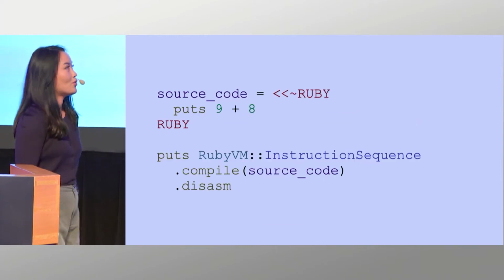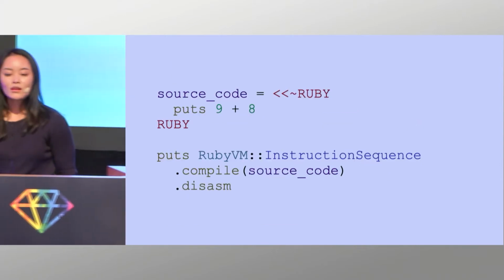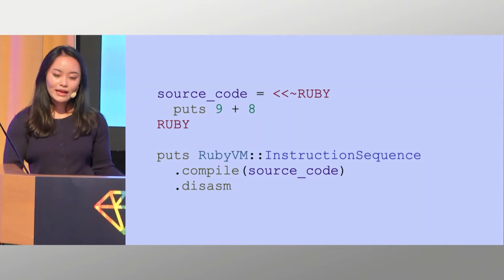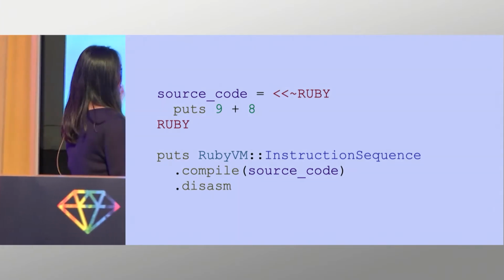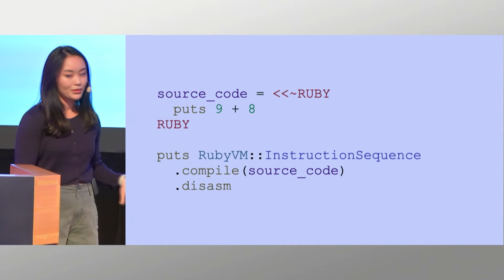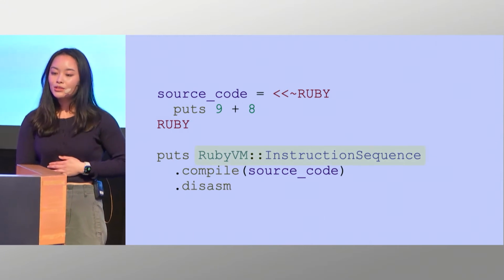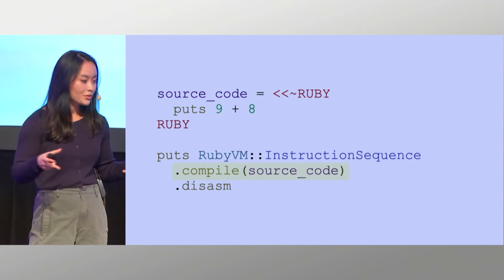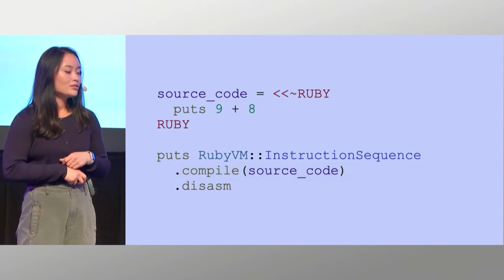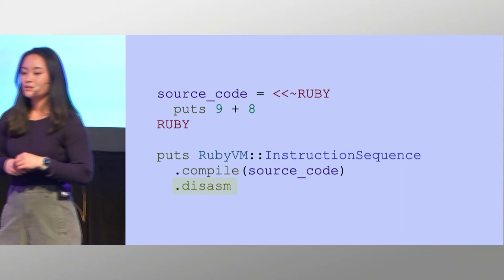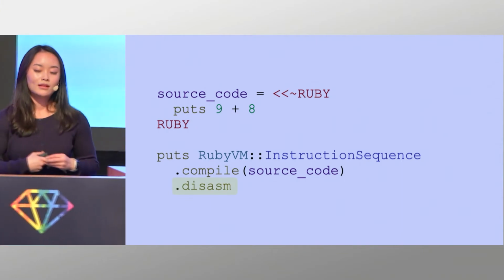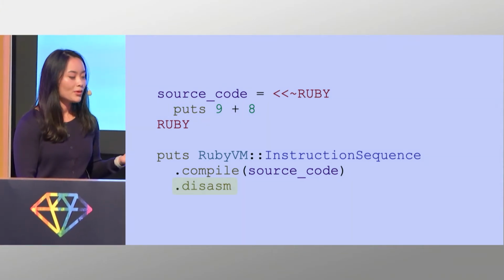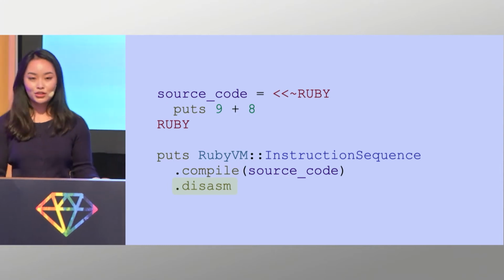But let's take a look at what the bytecode looks like. In order to do that, we use the Ruby VM instruction sequence library, and the method called compile that takes in the source code. Then we want to disassemble it, because when the Ruby code is compiled, it's not readable, and when we disassemble it, it is human readable.